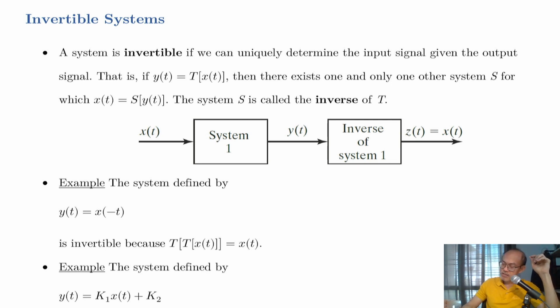Basically, you have a system 1, you apply the input signal x into system 1, and y is the output. If system 1 is invertible, then you can find another system, called the inverse of system 1, such that if you apply y, you get x back again uniquely without ambiguity.